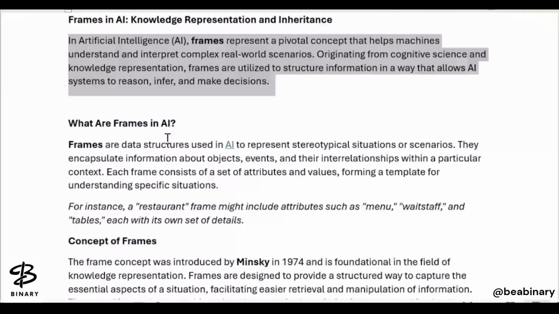For instance, a restaurant frame might include attributes such as the menu, wait staff, and tables, each with its own set of details. The menu can change for a particular instance, for a specific situation we are talking about.